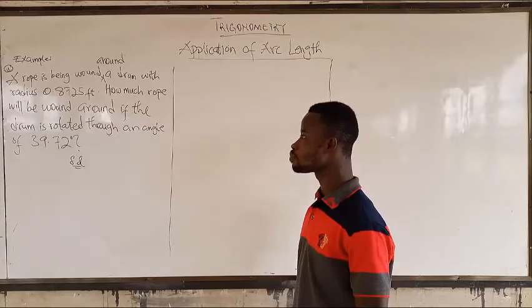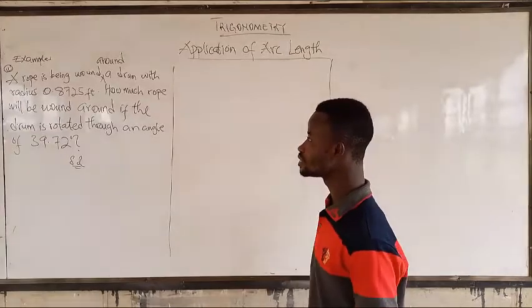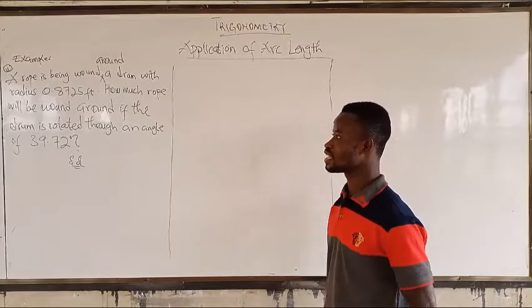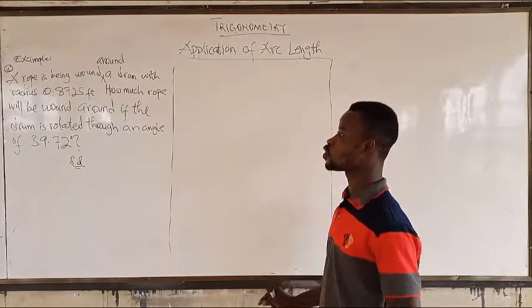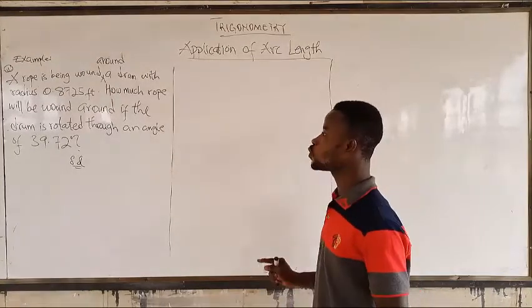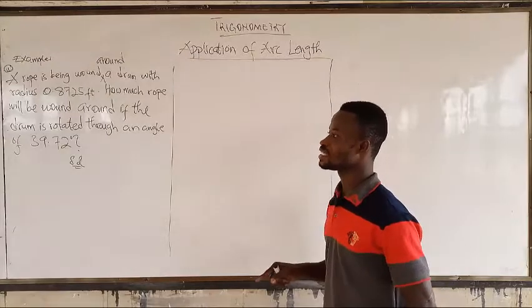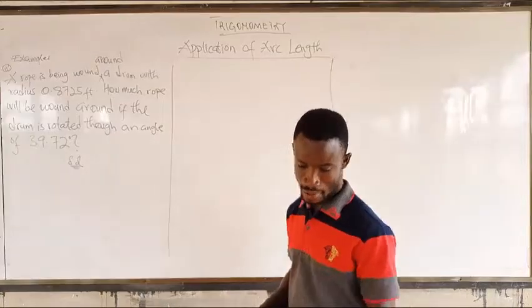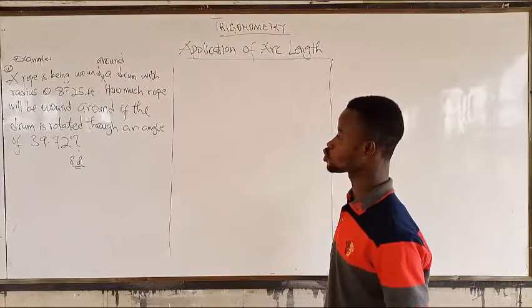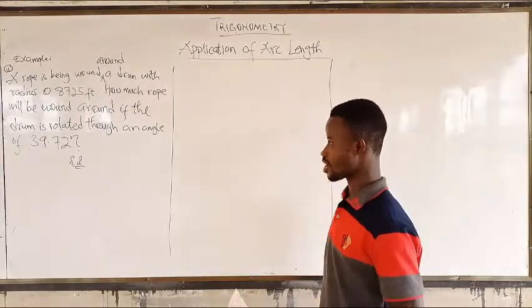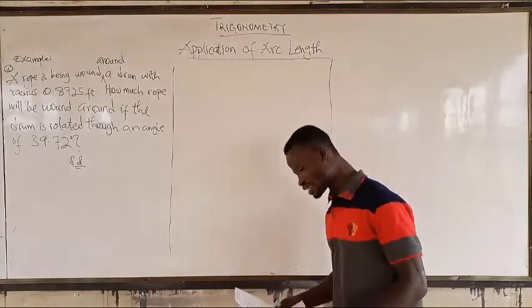How much rope will be wound around if the drum is rotated through an angle of 39.72 degrees? Alright, so that is the application.